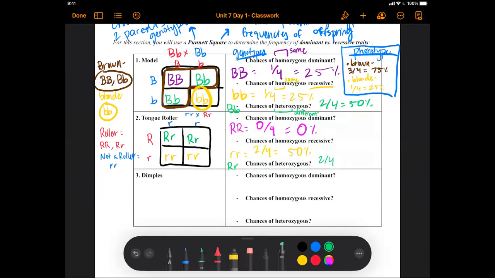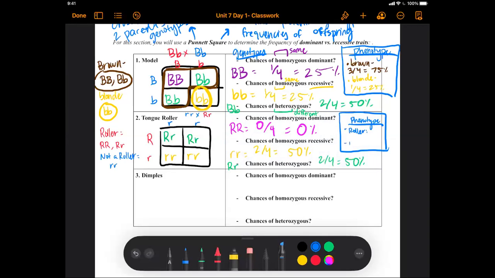Perfect, and why'd you get that? Because it's 2 out of 4, the uppercase R and lowercase r. Amazing. All right, but let's take it one step further. If I asked you guys about the phenotype, what would be the chances that these kids can roll their tongue, are a roller? Who can tell me that?